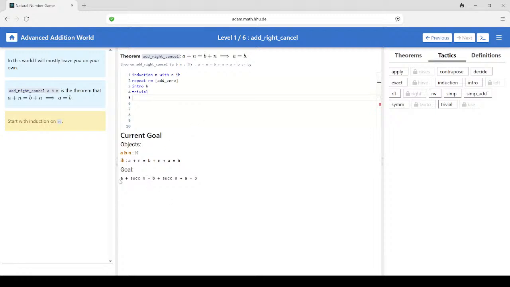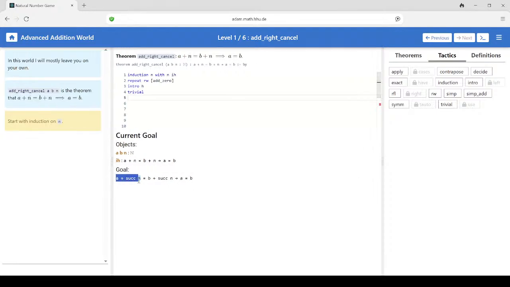We want to prove that a plus the successor of n equals b plus the successor of n implies that a equals b. This equation implies that this is true. We have this. We assume this. How do we use this to prove this?